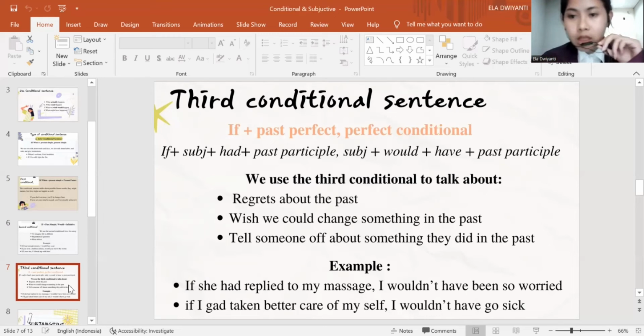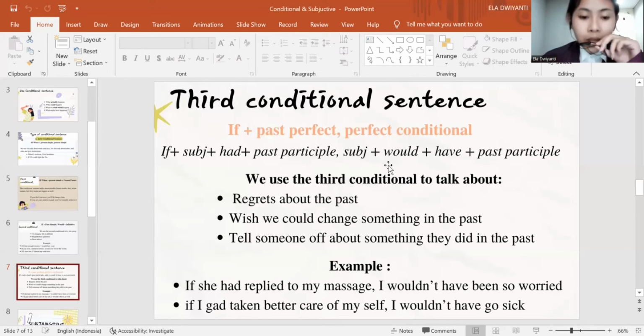The formula of this conditional sentence is if plus past perfect, comma, perfect conditional, or if plus subject plus had plus past participle, comma, subject plus would plus have plus past participle.